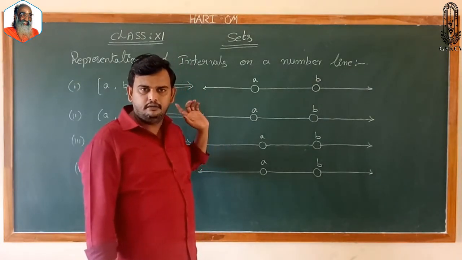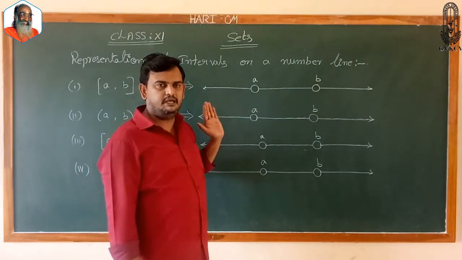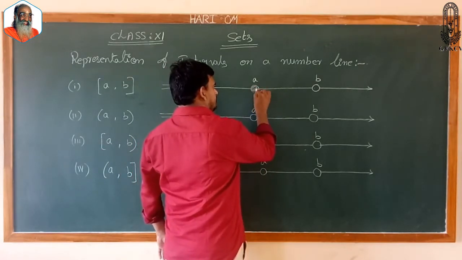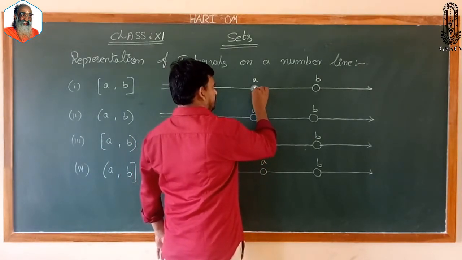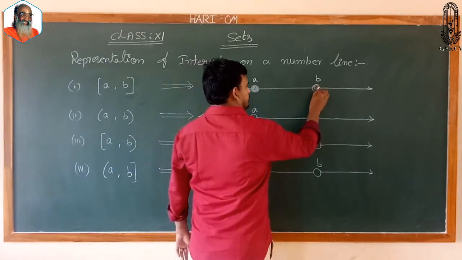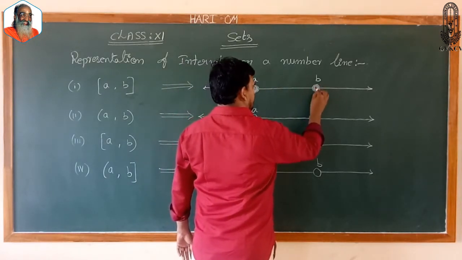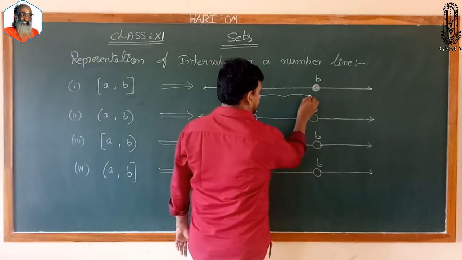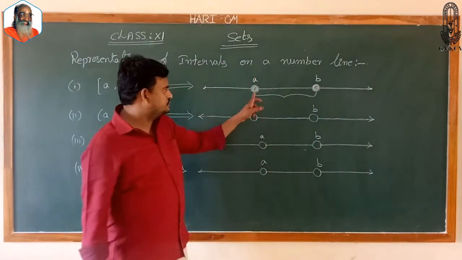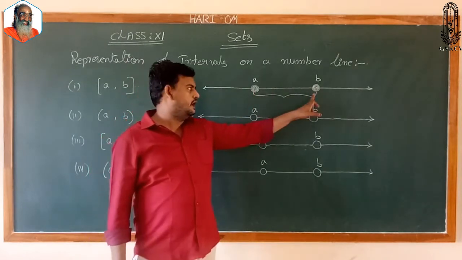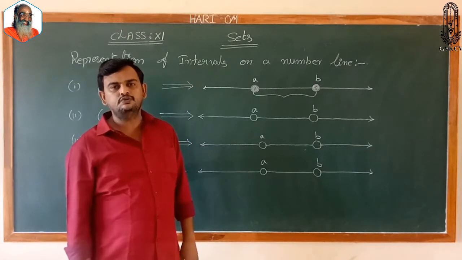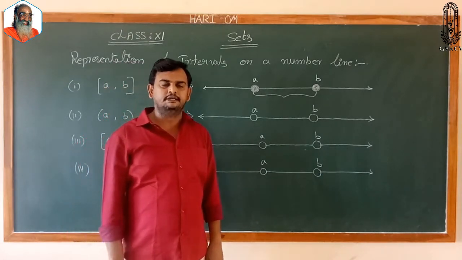Closed interval means we consider including the value a and the value b. Starting from a, ending at b, and between the values, all the values we are going to consider.